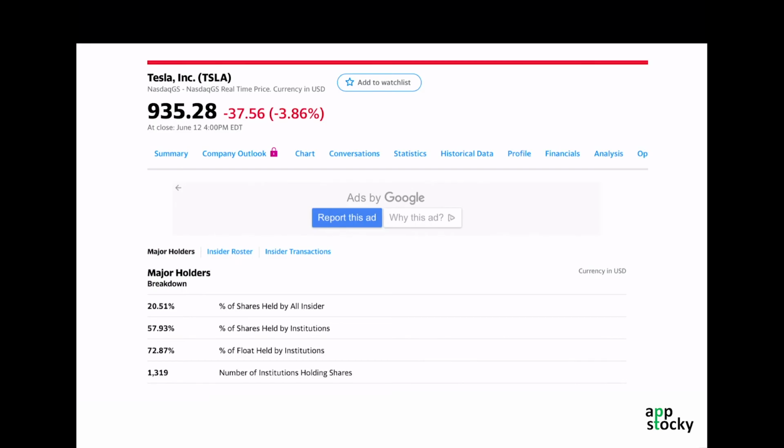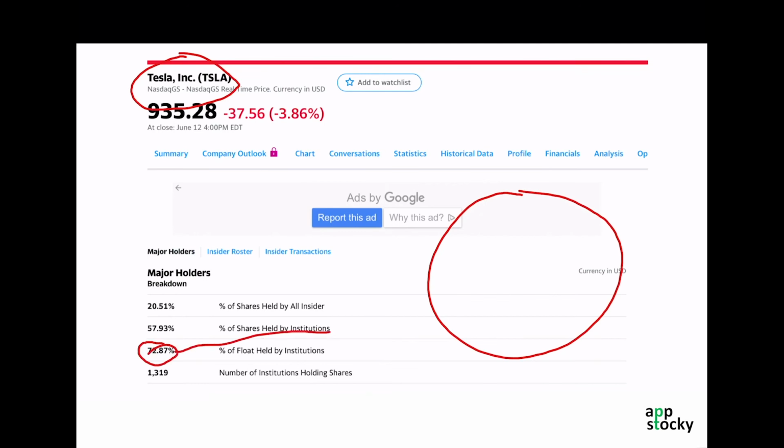In order to explain how levels are formed, let me give you an example of Tesla stock. If you take 100% of shares, 73% over here, I'm not sure if it's 73, but anyway, 73% of the stock belongs to these institutional guys. So it's a minority compared to the 27.